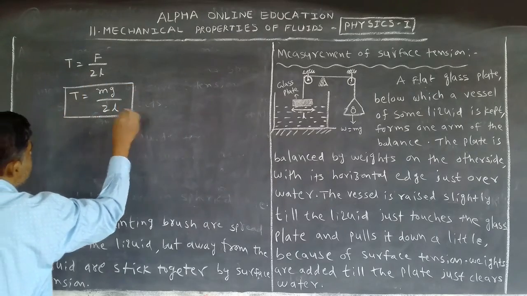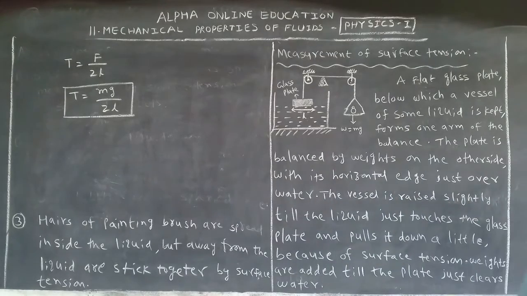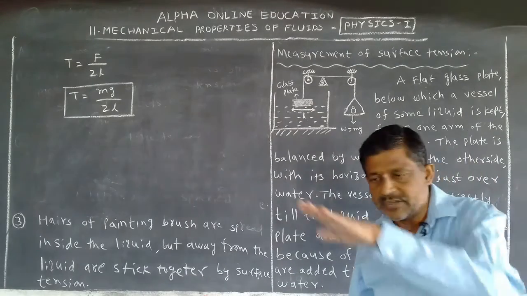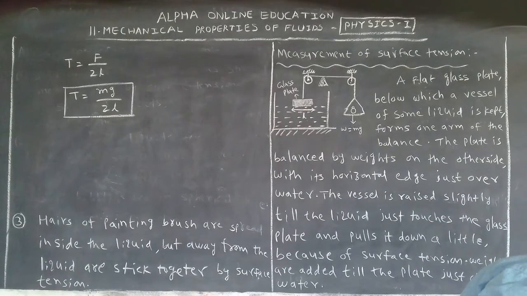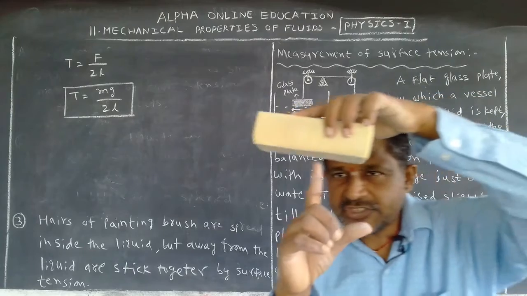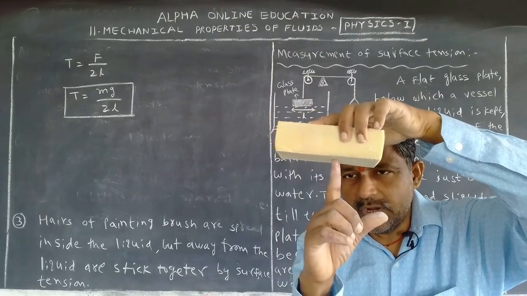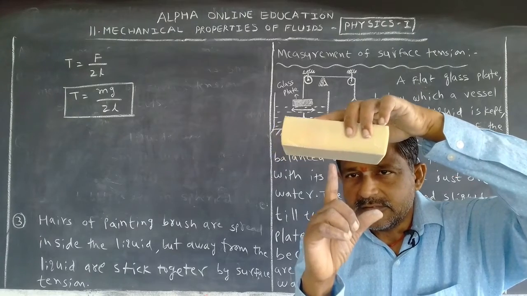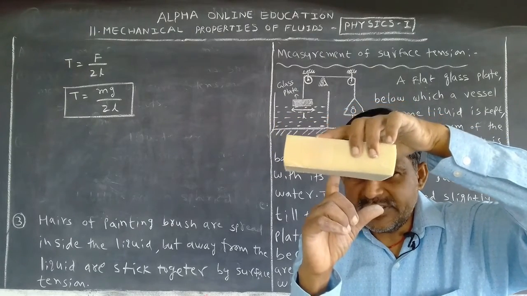Why do we take 2L? Imagine this is the glass plate. When it touches the water, initially it is not touching. Now it touches the water. Due to surface tension, it moves in this direction.